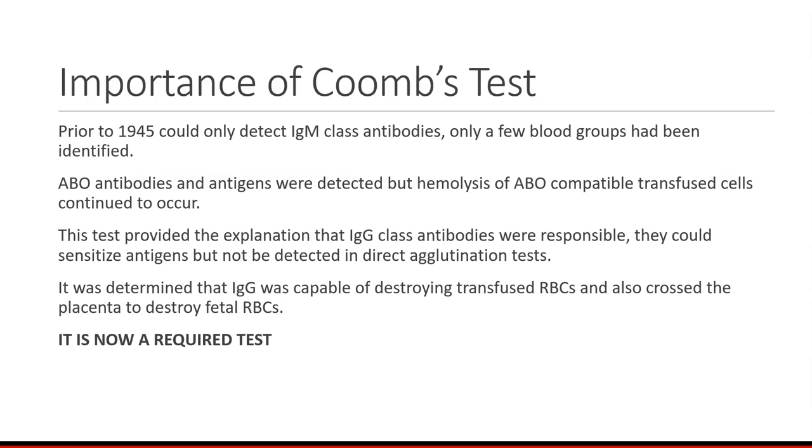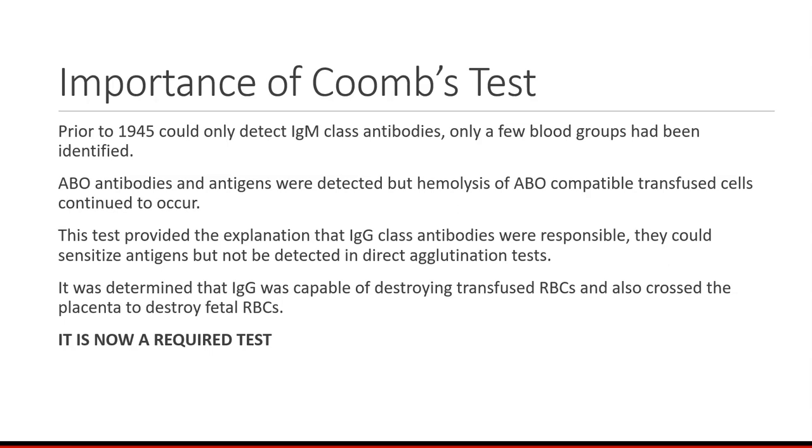Now we knew why people were dying when we just transfused blood from one person to another, because if they're ABO incompatible, then the patient will most likely die. So discovery of ABO was huge. This test provided the explanation that IgG class antibodies were responsible. They could sensitize antigens but not be detected in direct agglutination tests.